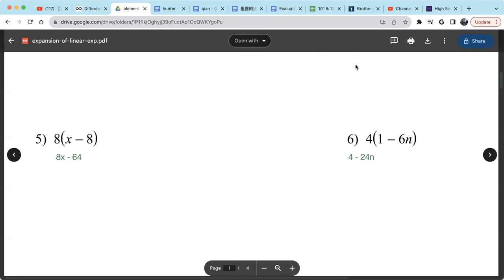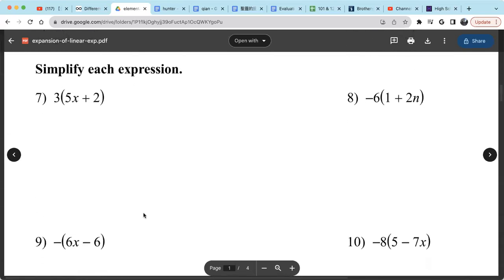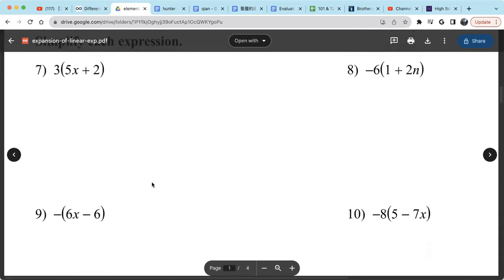Okay, let's keep moving. We also want to expand those. You keep going. Once you get the pattern of it, maybe you can do it mentally. Or if you like, math is very friendly with pencil and paper.